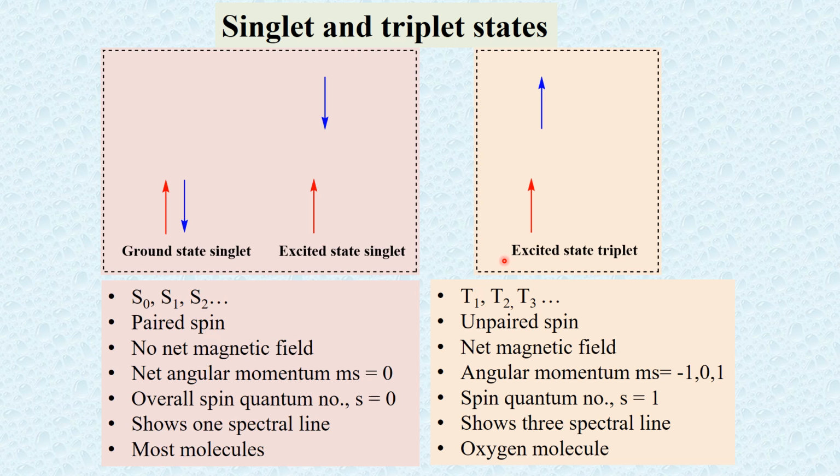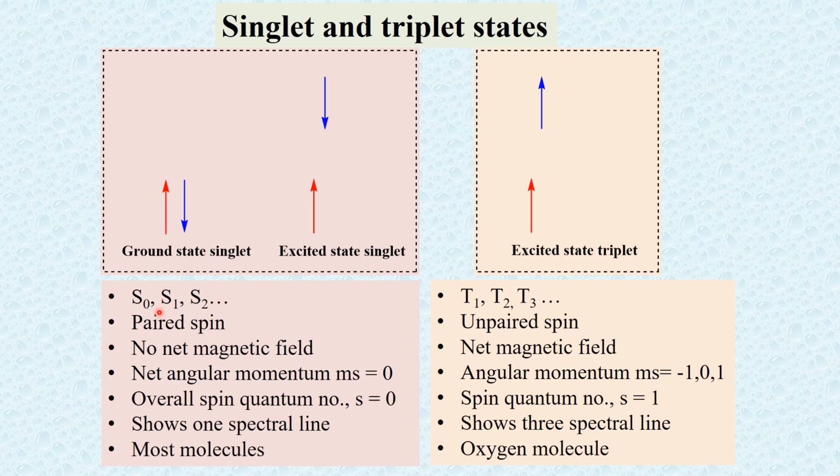And if the spins of two electrons are the same, that is unpaired spin, that is called a triplet state. And that will only be an excited triplet state, because it is not possible for two electrons to have the same spin state in the ground state.